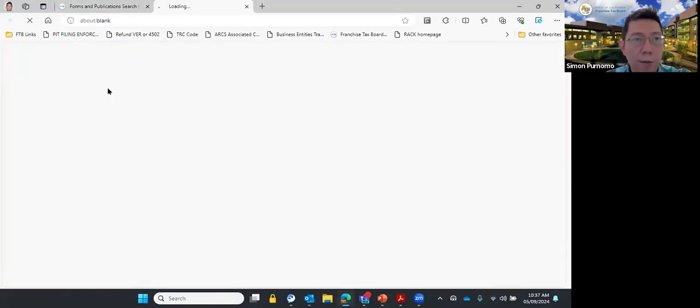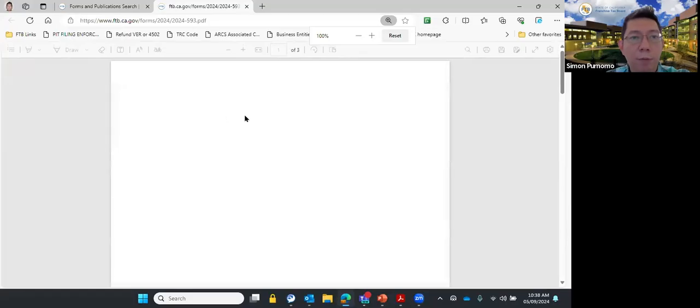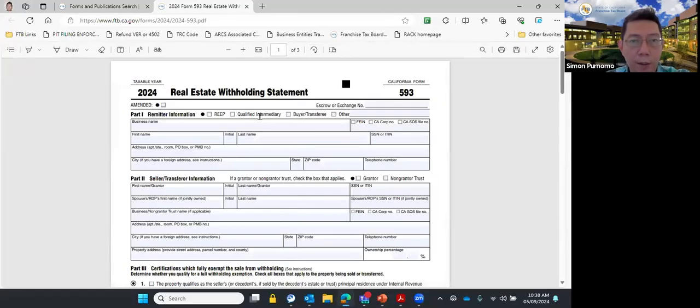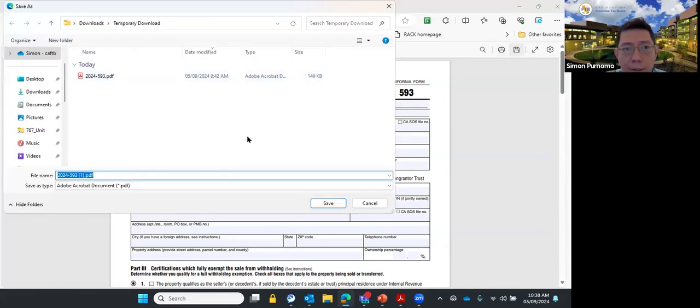If I click this one, it will show the form directly on your screen. Either you can type in all of the information here, your remitter information, for example, or you can save it. It depends on your browser. For example, I'm using Microsoft Edge. The save button will be here. So I just click save and I can save it into my download directory.